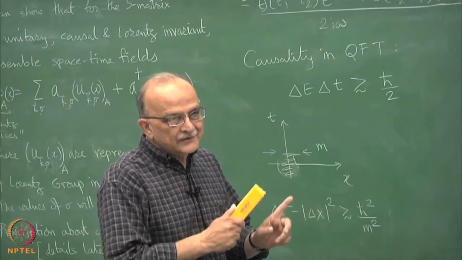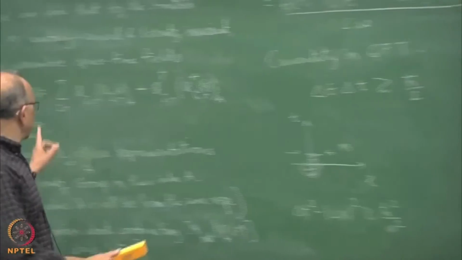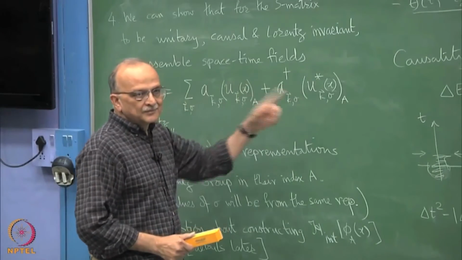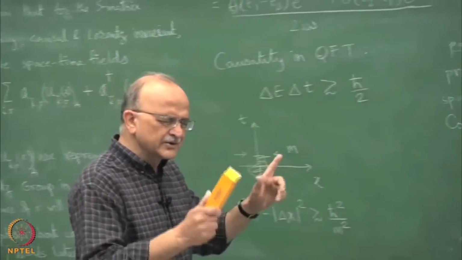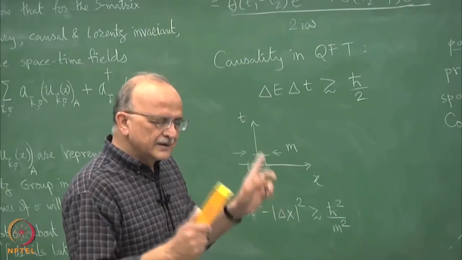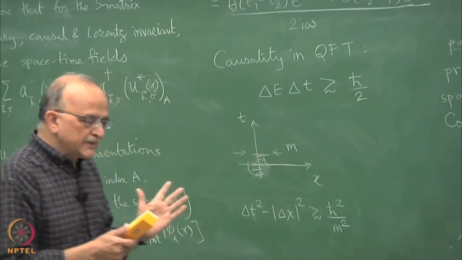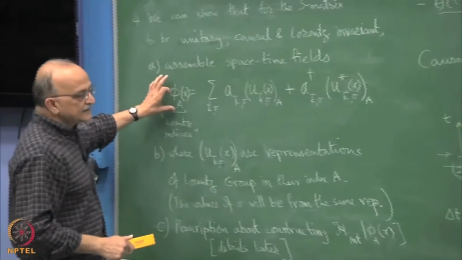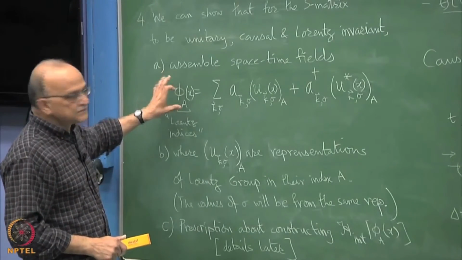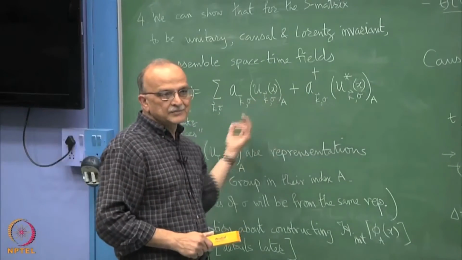So actually it is the 2-point function. You calculate their commutator. That commutator will be relativistically covariant only if you have assembled them as spacetime fields like this, with both this and its conjugate part included.